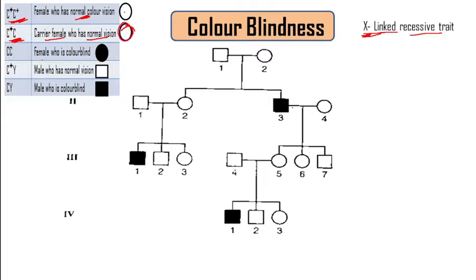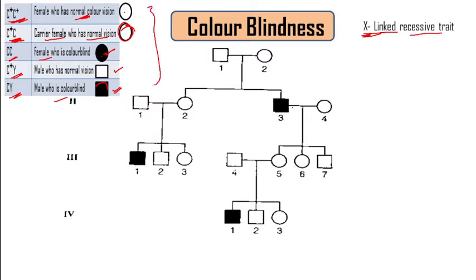Again, a female who is colorblind, the affected individual, is shown with a solid shaded circle and the genotype is written as CC. The male who has normal vision is shown with a blank square and the genotype is C plus Y. A male who is colorblind has the genotype CY and is represented by a solid shaded square.